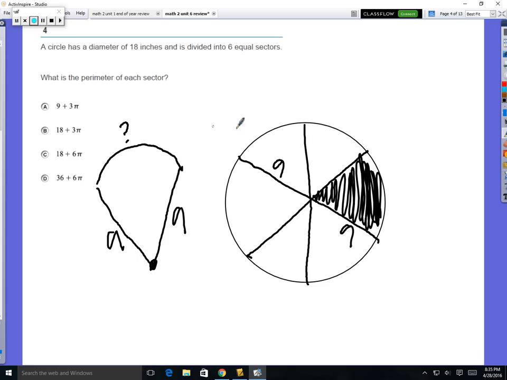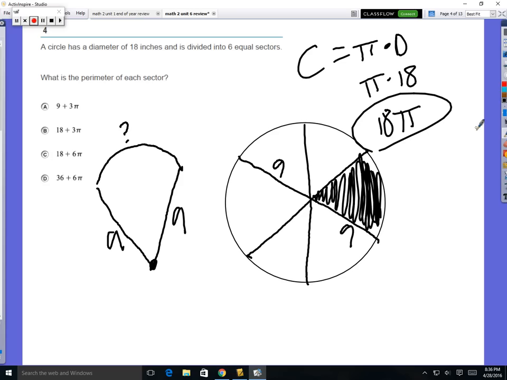So it's part of the circumference. The circumference is the same thing as the perimeter of a circle. So the circumference equals pi times diameter. So pi times 18. So the circumference is 18 pi all the way around. But since you're dividing it into 6 equal portions, divide that by 6. So each portion must be 3 pi.